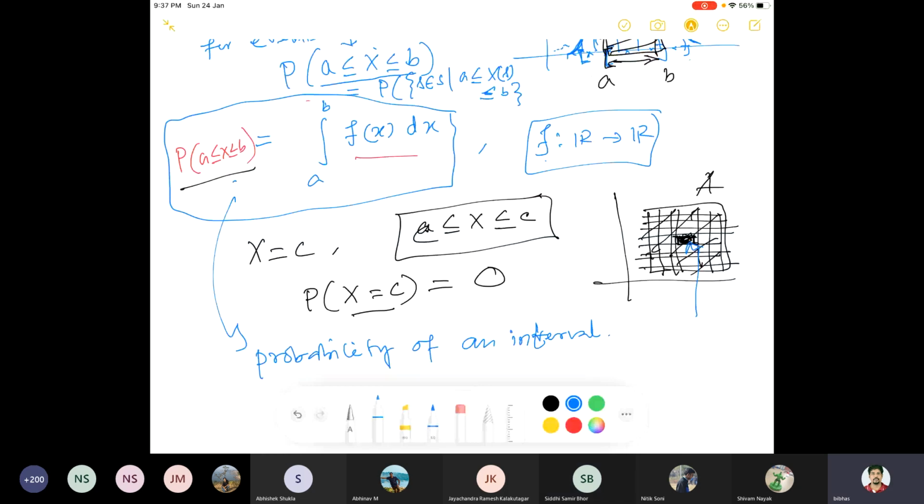Yeah, please go ahead. Sir, I think we can write it to be exactly zero for a particular point, because if we define the probability to be equal to the limit, we first evaluate the limit and then assign the probability.